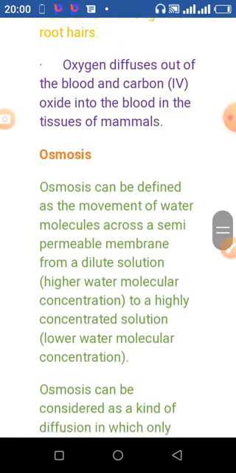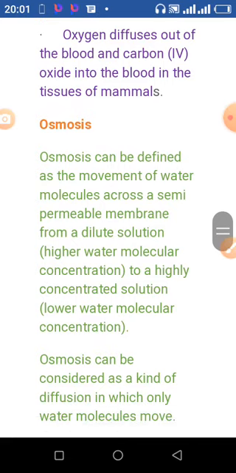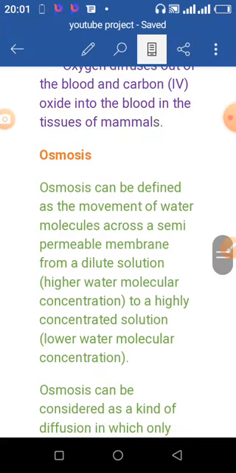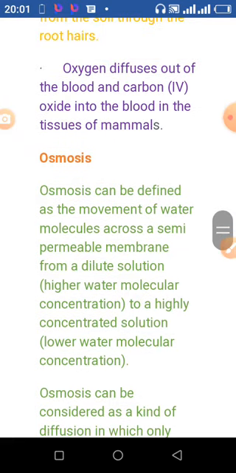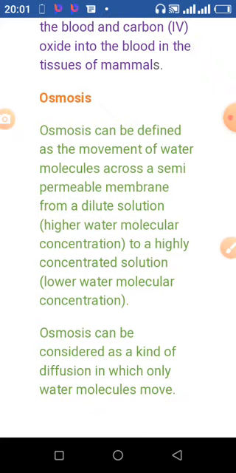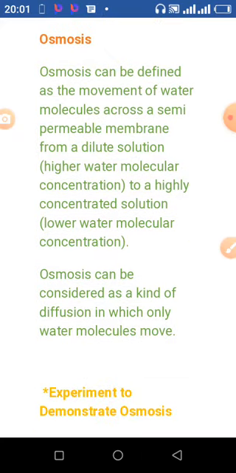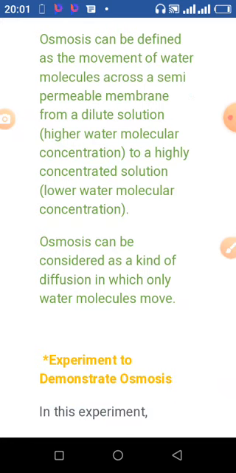This is another process which also helps the cells in the body to move substances in and out, and that is osmosis. Osmosis can be defined as the movement of water molecules across a semi-permeable membrane from a dilute solution (higher water molecule concentration) to a more concentrated solution (lower water molecule concentration).